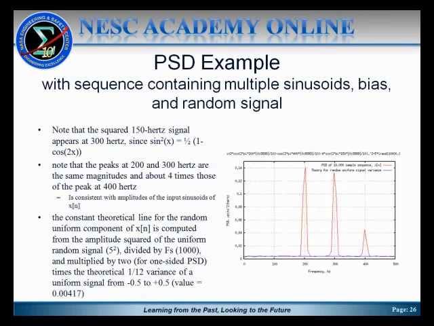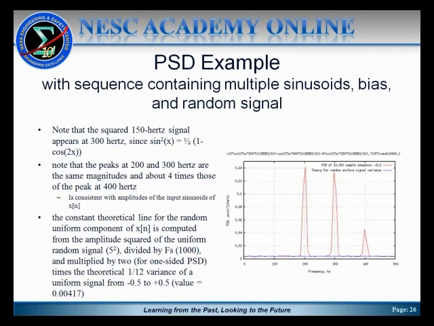But we put in a sinusoid at 150 that was squared. If you remember your trigonometric identities, sine squared of theta is 1/2 of 1 minus cosine 2 theta. So that 150 hertz sinusoid that was squared shows up at 2 times 150 in the equivalent representation of sine squared 150t. So now that 150 hertz signal is showing up at 300.